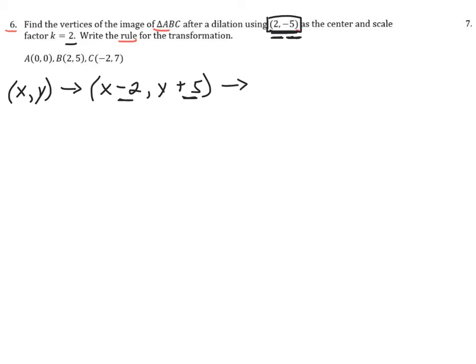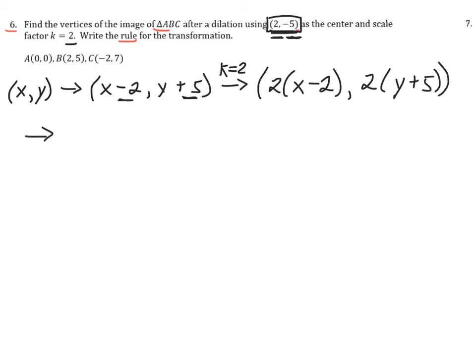After that, I want to dilate. So now I'm applying my scale factor of 2. So it's going to be 2 times my x, which is x minus 2, and 2 times my y plus 5. The reason I can do this now is because once again, it is centered at the origin.